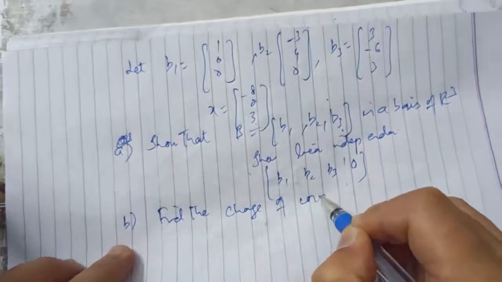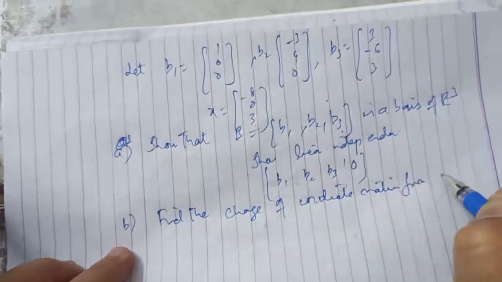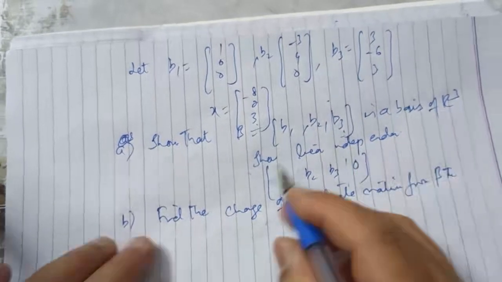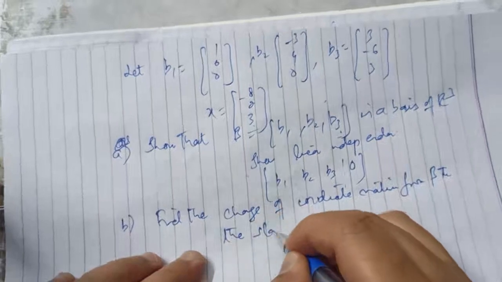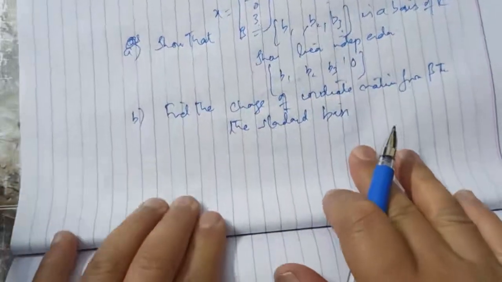And the second part is to find the change of coordinate matrix from B to the standard basis. So this we can solve straight away.